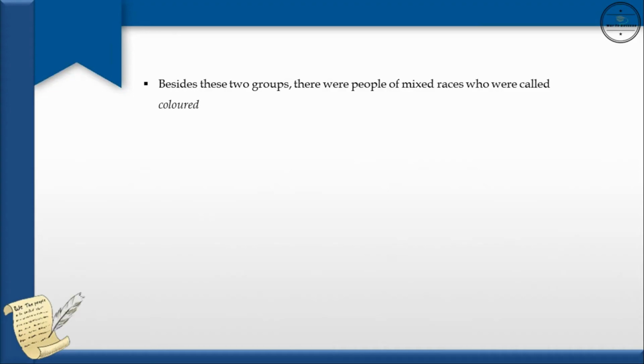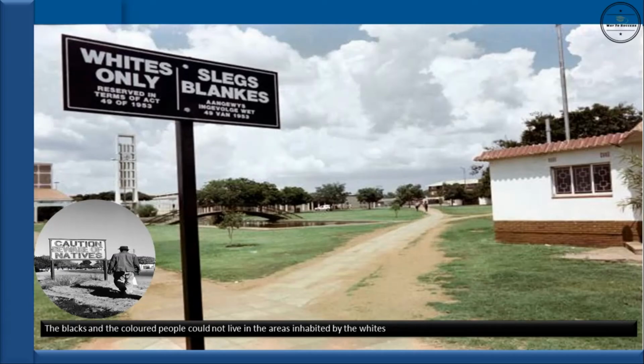Besides these two groups, there were people of mixed races who were called colored. The white rulers treated all non-whites as inferiors. The blacks and the colored people couldn't live in the areas inhabited by the whites.